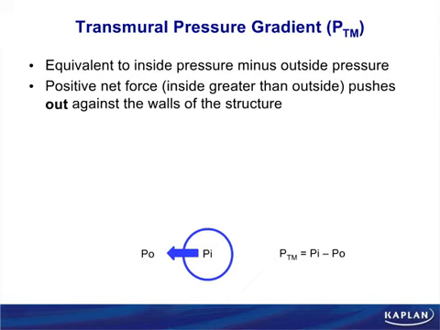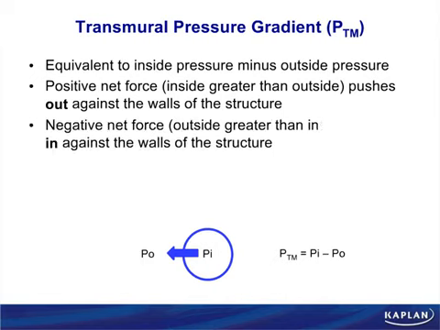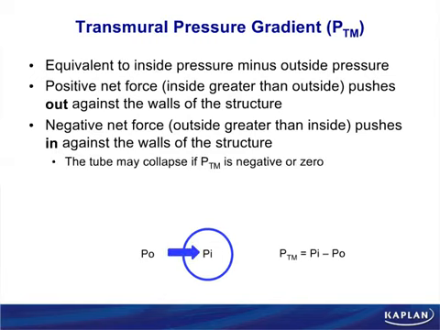Now, if the transmural pressure gradient becomes negative, that means outside pressure is greater than inside. Outside is greater than inside. So now the force direction reverses. Notice how the arrow is going inward. And if I have no transmural pressure gradient, or more importantly, a negative transmural pressure gradient, that's a net force pushing inward.